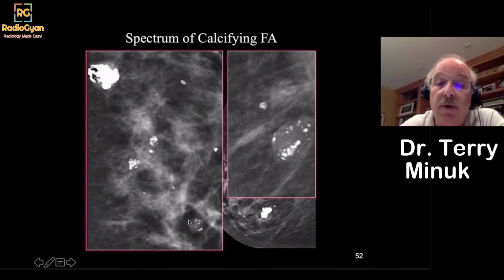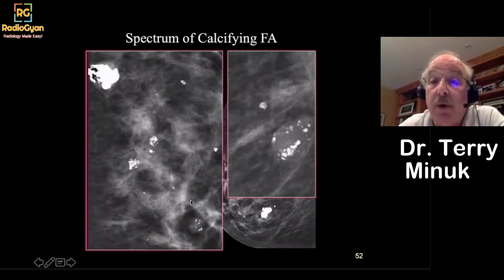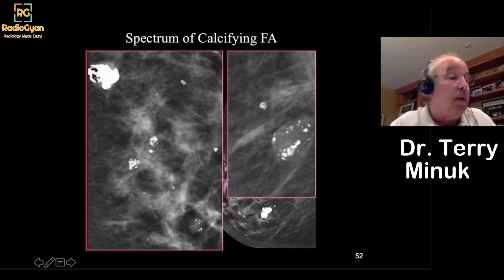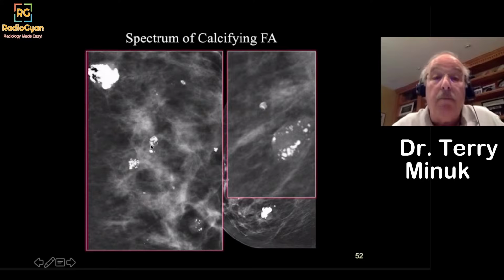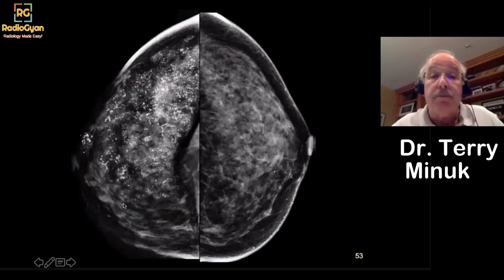You want to look and see, are they in a mass? Because you don't want to be biopsying every fibroadenoma. 1 in 4 women have fibroadenomas. And as you follow them, the calcifications will get more and more coarse. And often they're multiple. Fibroadenomas are frequently multiple, and that's a tip-off as well. But you don't want to be biopsying fibroadenomas.